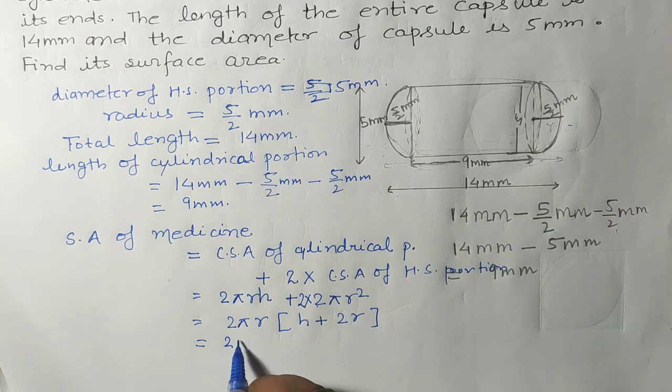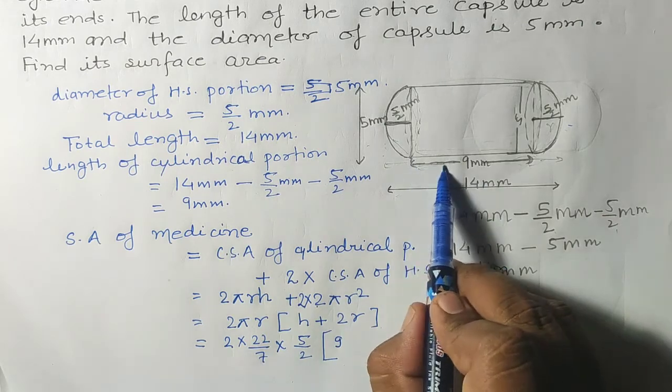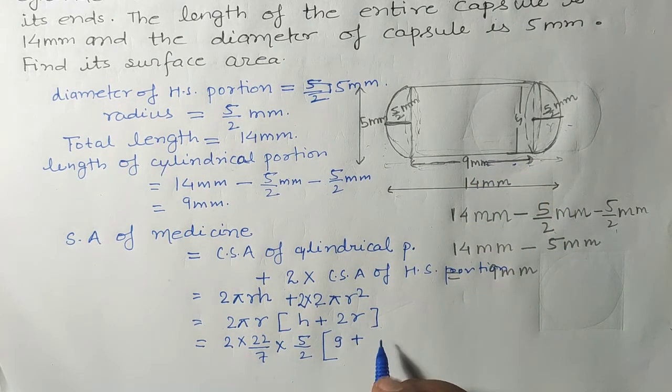What you will get? 2 pi is 22 by 7. r is what? r is 5 by 2. And here h is what? h is 9. See, the length of cylindrical portion is 9. Plus 2 times r, means 2 times 5 by 2.